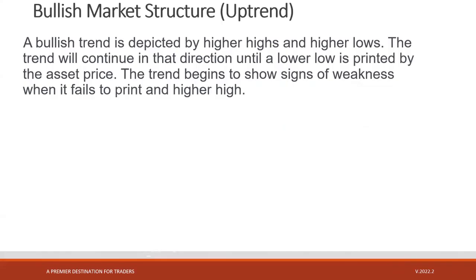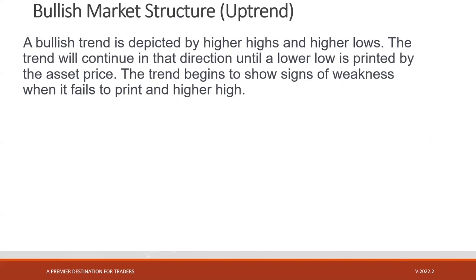Now let's begin by looking at the bullish market structure, or the uptrend. A bullish trend is depicted by higher highs and higher lows. So when price is going up, it means price is making higher highs and higher lows.